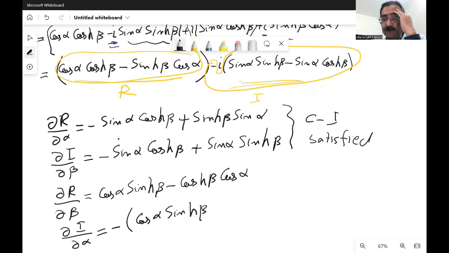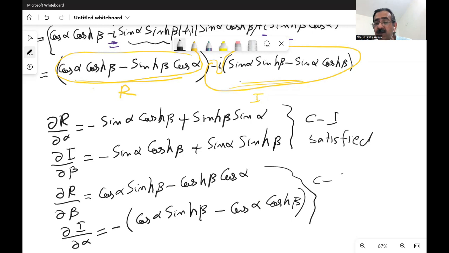Minus derivative of sine alpha is cos alpha, and cos hyperbolic beta will remain as it is because beta is a constant for the partial derivative with respect to alpha. So C2 will also be satisfied.